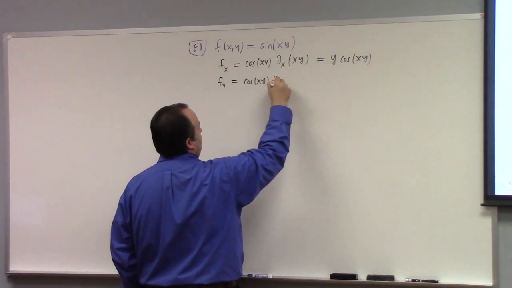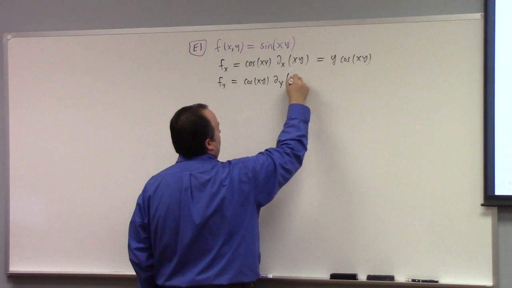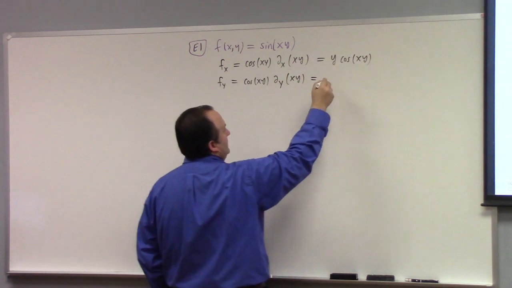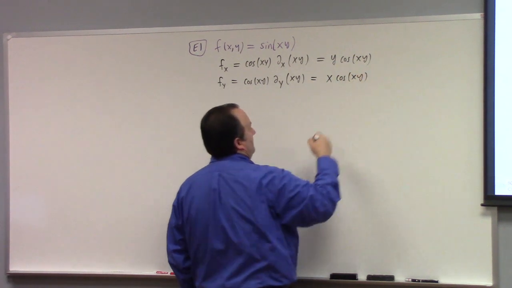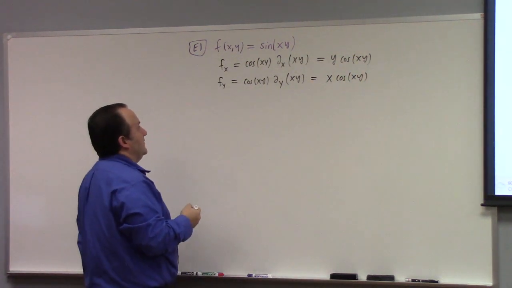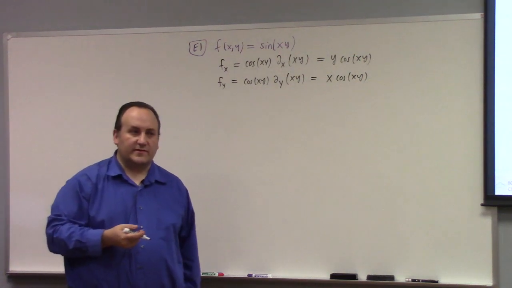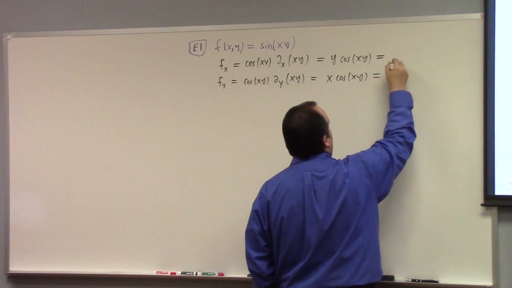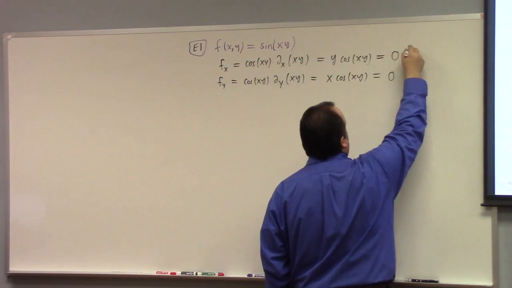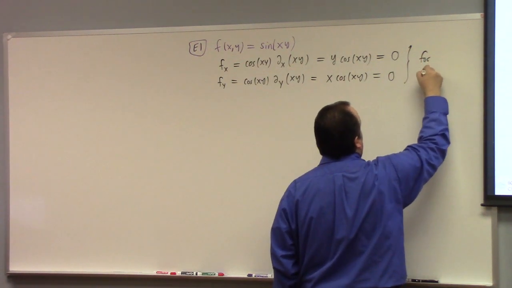Same derivative for sine, but now we've got the y derivative of xy, which just pops out an x, right? So we get x cosine of xy. So what's the condition for critical points? Both of these have to be 0 for a critical point.